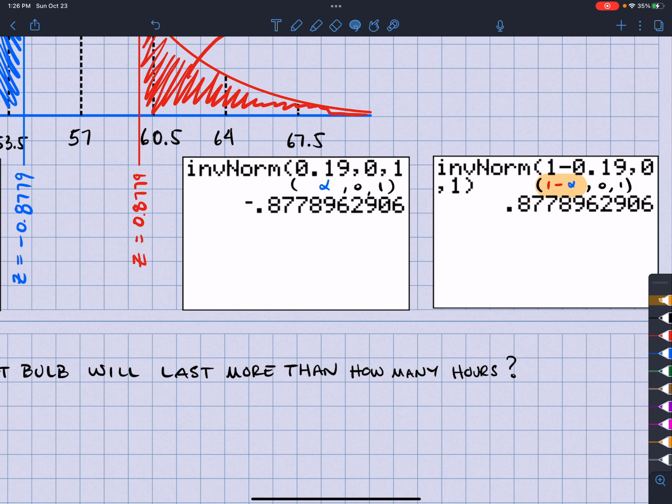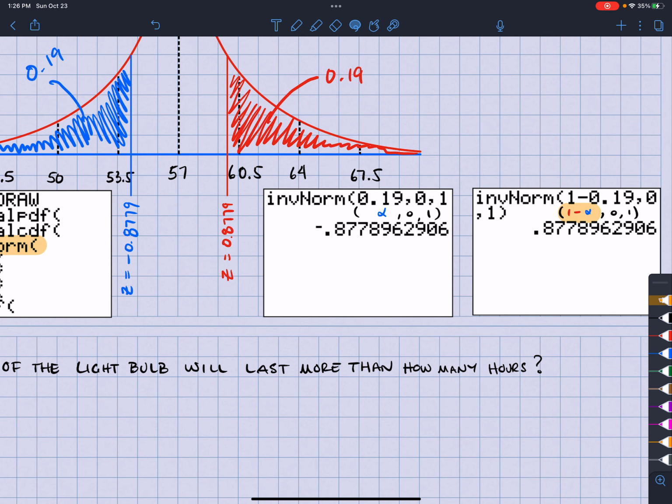Okay, so that is very different. You've got to be careful. Do I want the left tail or the right tail? Just using alpha gives me the right tail.